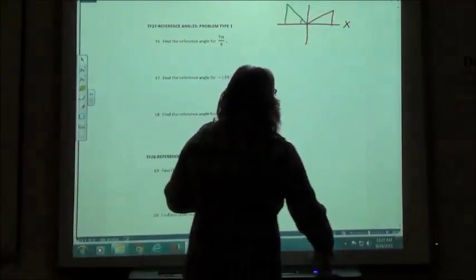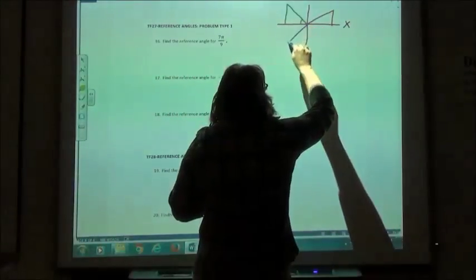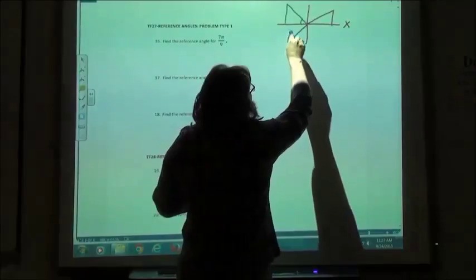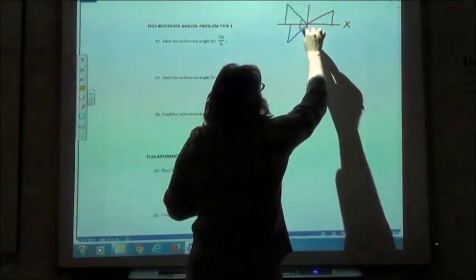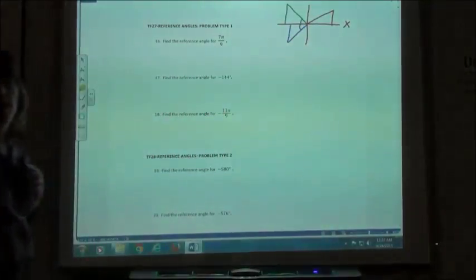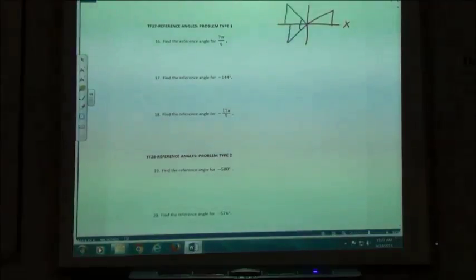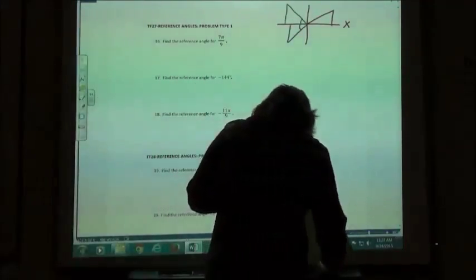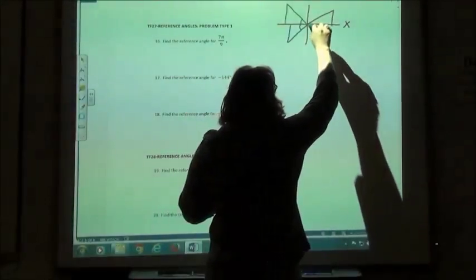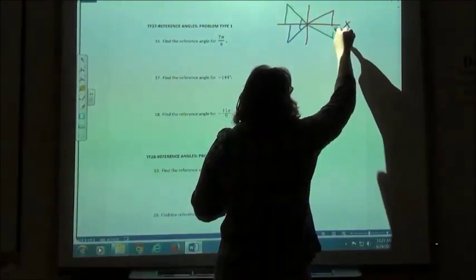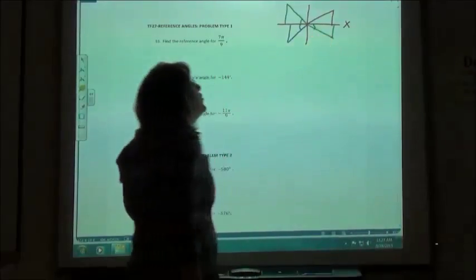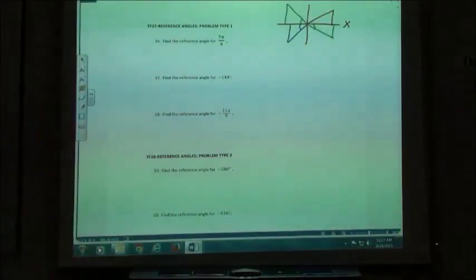If I'm in quadrant 3, my angle is going to go up to the x-axis. So again, my reference angle is always between my line and my x-axis. And then of course, in quadrant 4, same kind of thing. If my angle ends up over here, I'm always going to the x-axis. So my reference angle is that angle in there.